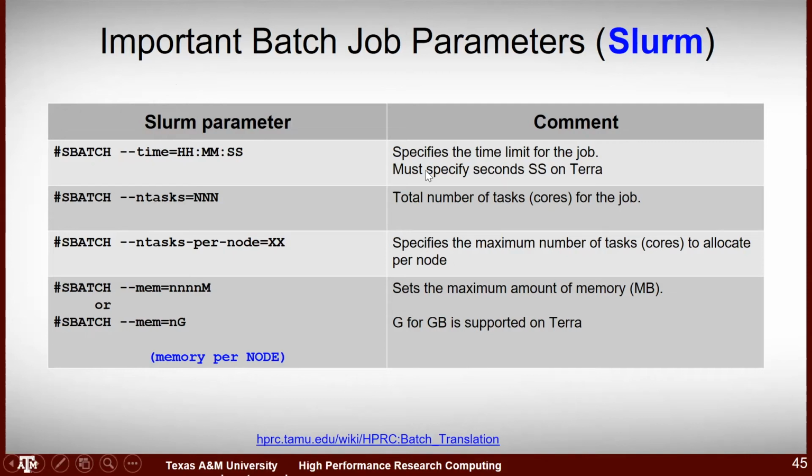And then here's a note that says if you're on Terra, you have to specify in hours, minutes, seconds. Even if you requested 0 seconds after the minute, you still have to type 0. A little annoying. Otherwise it doesn't know what the unit is, because you see that the unit is not part of this syntax. It's just numbers.